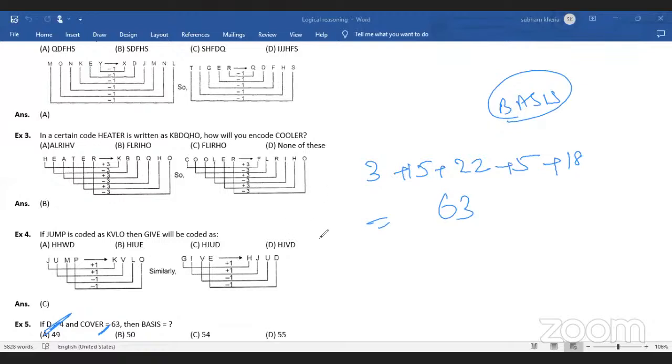Okay, 49. Let's see. B is 2, A is 1, S is 19, 9 and 19. 99, 38. 38 into 40, 49 and 150 is the answer.